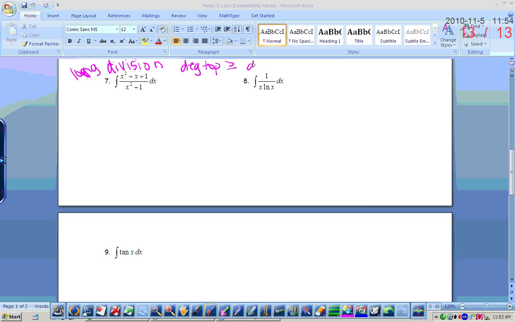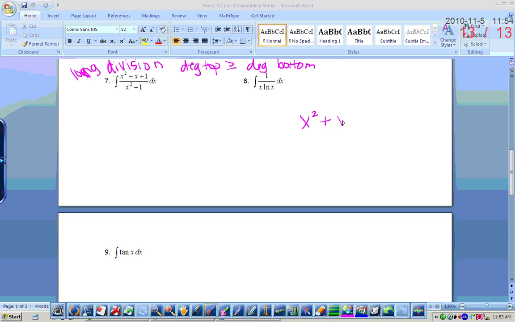Now, you're used to only using long division when the degree of the top is greater than the degree of the bottom to find a slant asymptote, but this is different. Anytime the degree of the top is greater than or equal to the degree of the bottom, we're going to use long division.